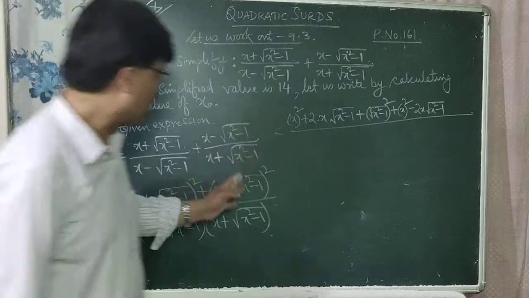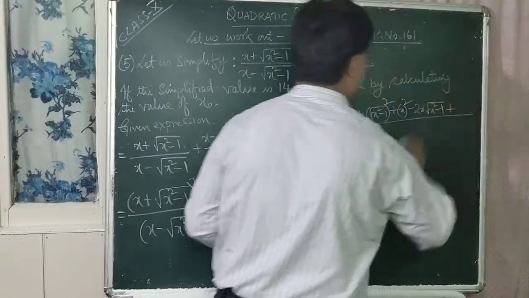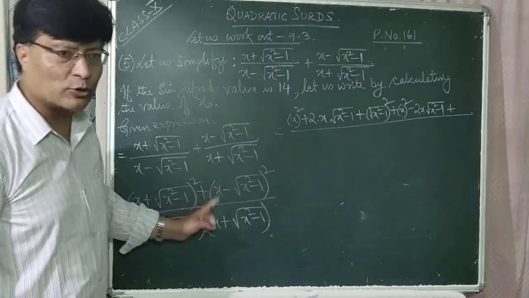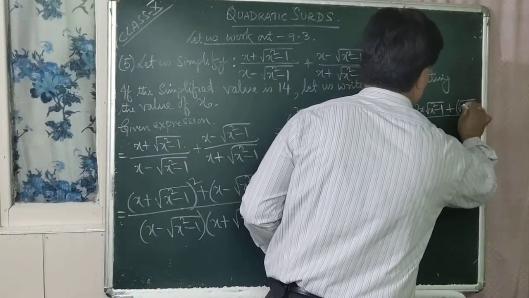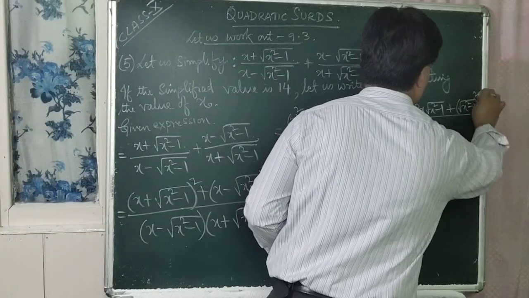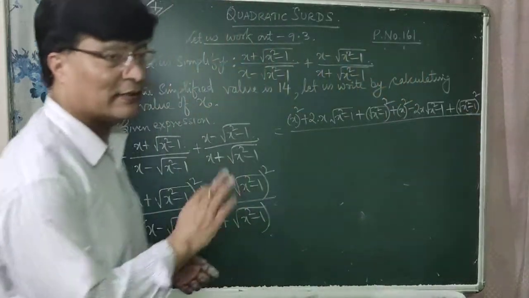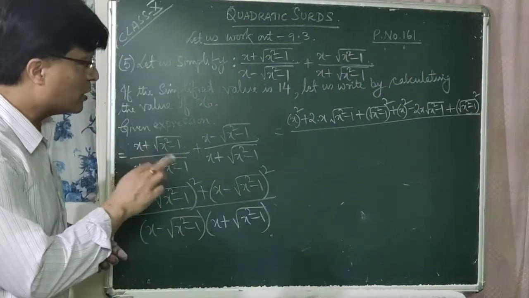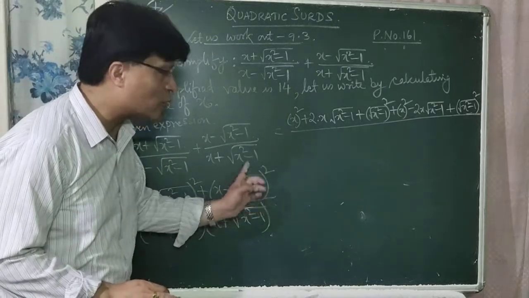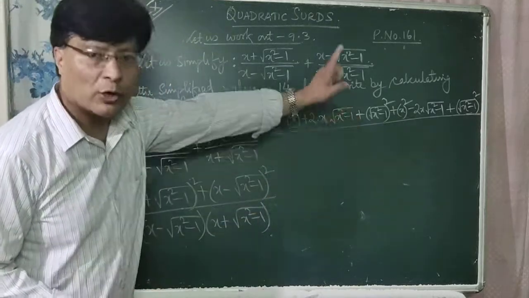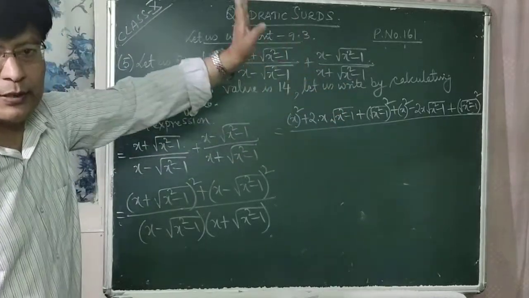Is that clear? Plus, what is b²? It is (√(x² − 1))². Here b is √(x² − 1), so its square is (√(x² − 1))².